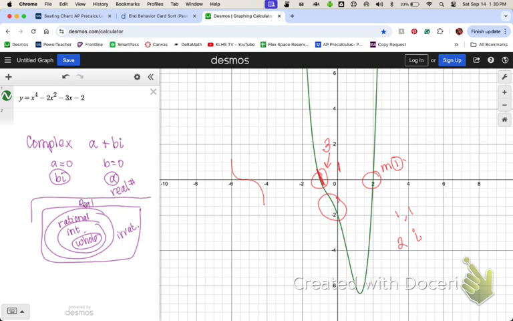But then there's another ring outside of this that has our complex numbers. So real numbers are a part of the complex numbers. They are going to be in there. And so even though we may not get imaginary zeros, real numbers count as complex zeros. So again, the real reason why it cannot just be 2 is because my degree is 4.